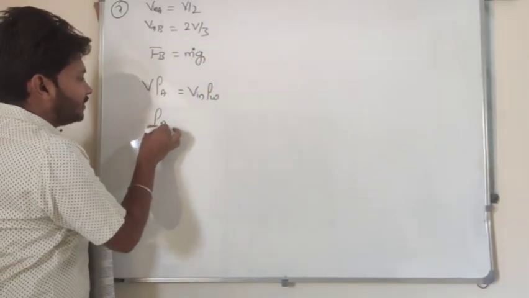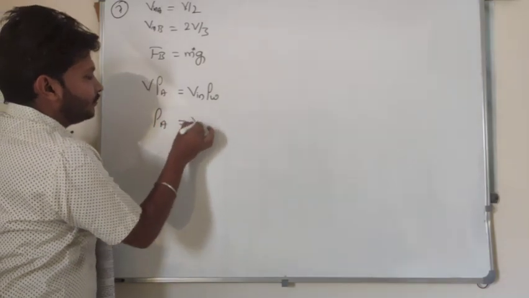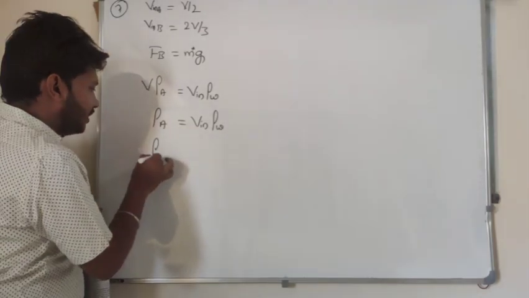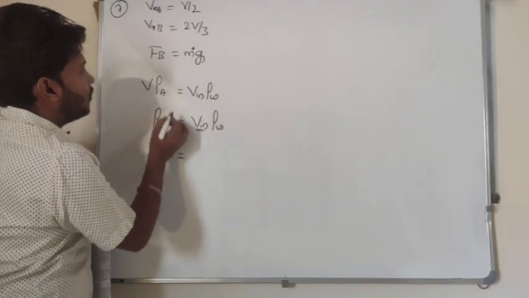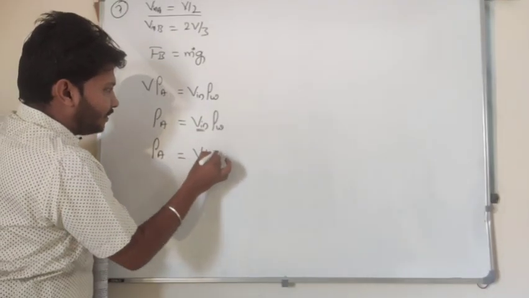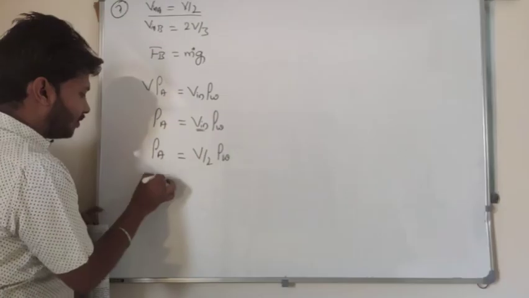Then the density of A is equal to volume inside into density of the water, which for object A is V by 2 into density of the water.